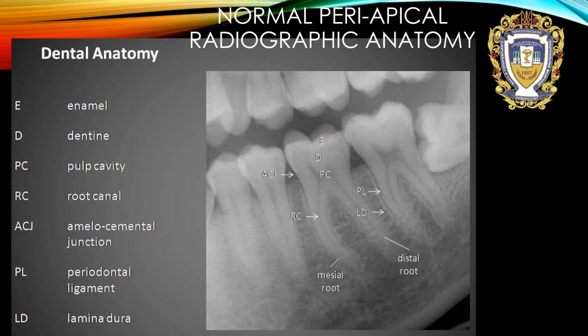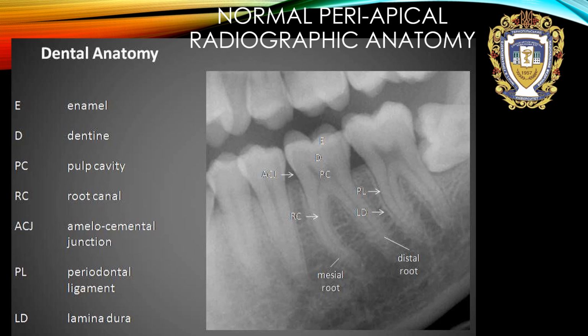Root canal. Amelocemental junction, the area where enamel is connected with cementum. Periodontal ligament, a small space between root and bone.